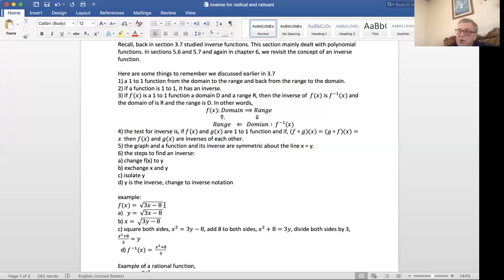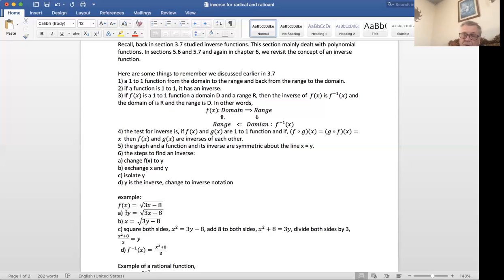With the square root, we might have to limit the domain a little bit, but as long as it's one-to-one, the square root and the square are going to be inverses of each other. So f of x equals the square root of 3x minus 8.